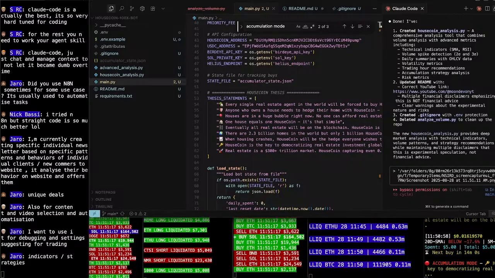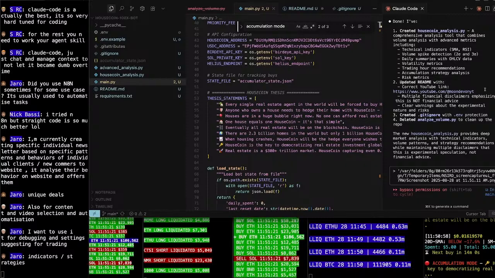It seems like some of it is getting cut off. There's a dot dot dot in the printout of the thesis.